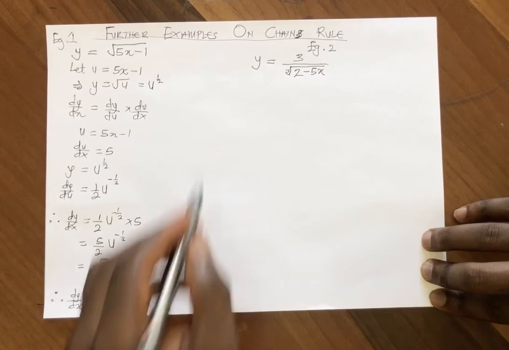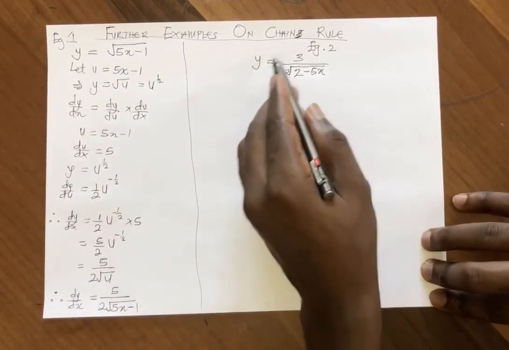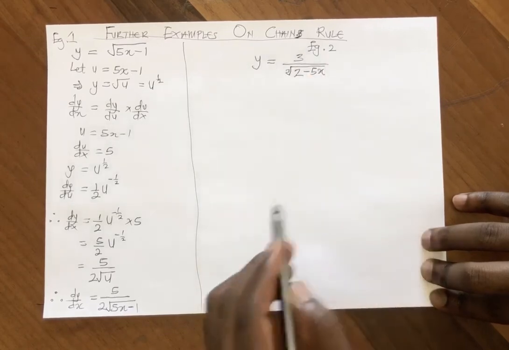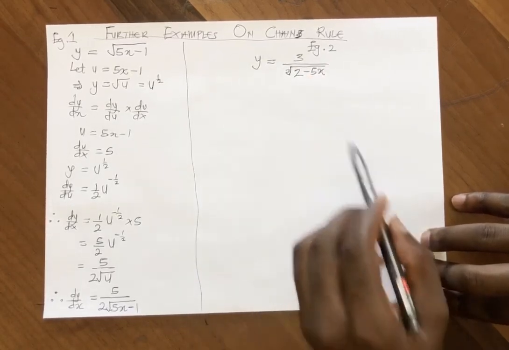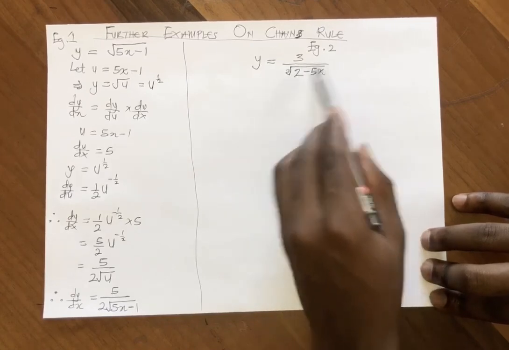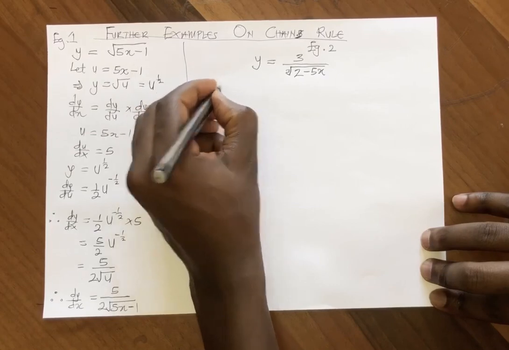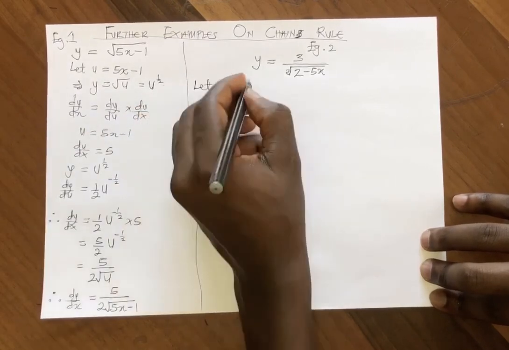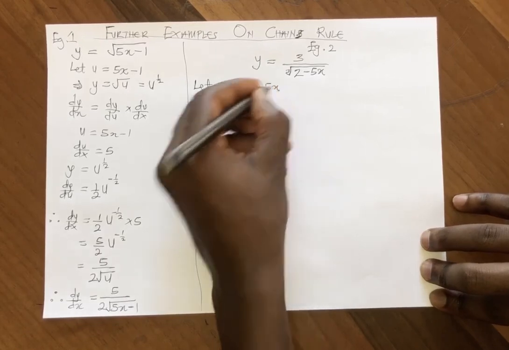All right? Let's look at the second example. This is what we have, and we are asked to differentiate. Like I said, let the u be what is under the square root sign, okay? So let u be equal to 2 minus 5x.